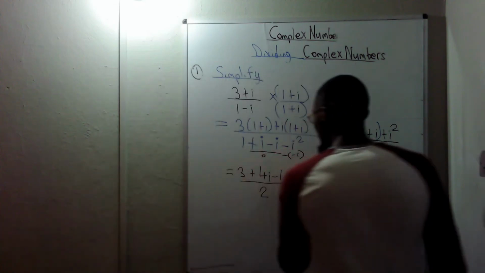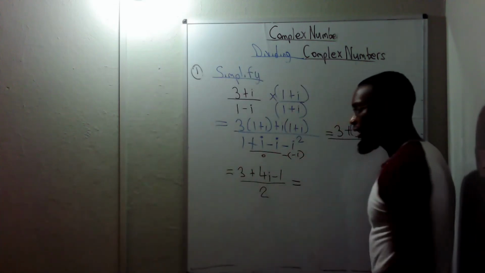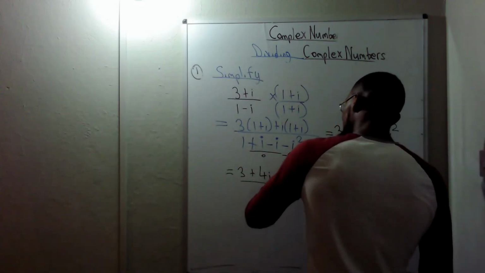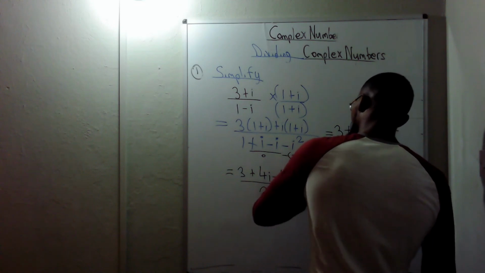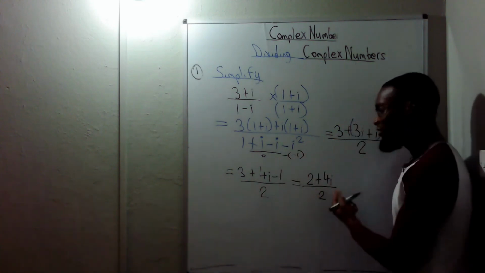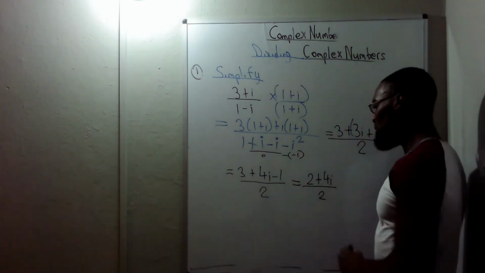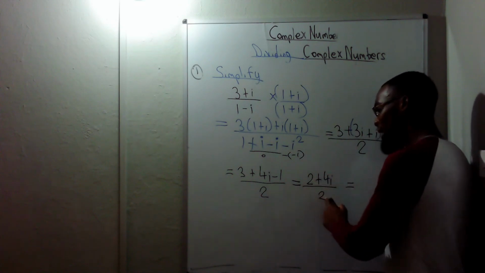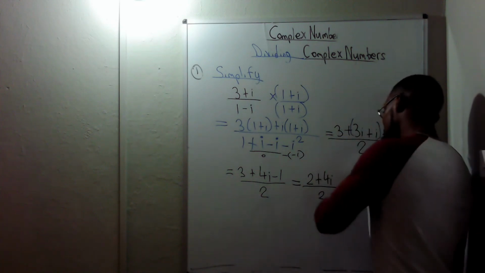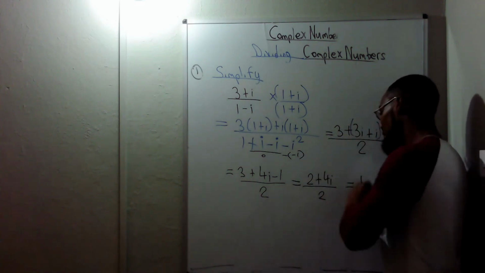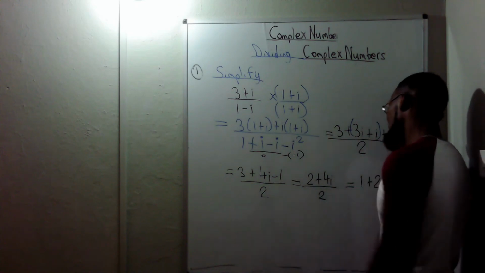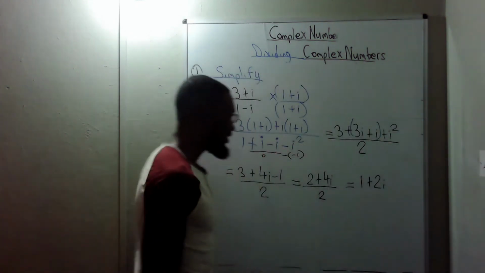Beautiful. Now 3 minus 1 is 2. So that works out to be 2 plus 4i over 2. Then we can divide the numerator and the denominator by 2. 2 divided by 2 is 1. 4 divided by 2 is 2. And that's that complex number right there.